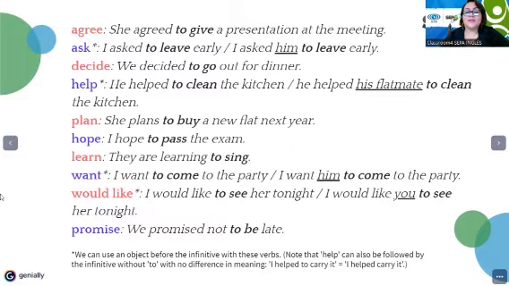We can use an object before the infinitive with these verbs. Note that help can also be followed by the infinitive without to, with no difference in meaning. I helped to carry it. I helped carry it. There's an exception when we are talking about help.